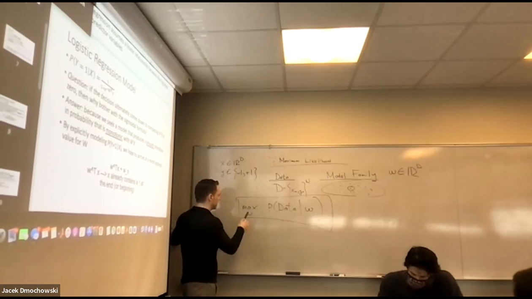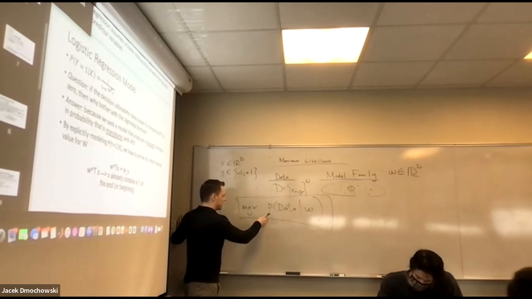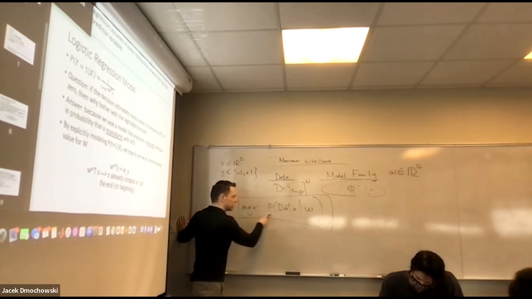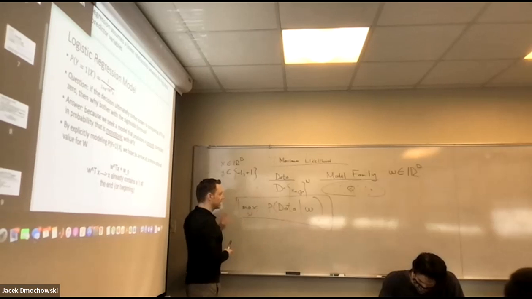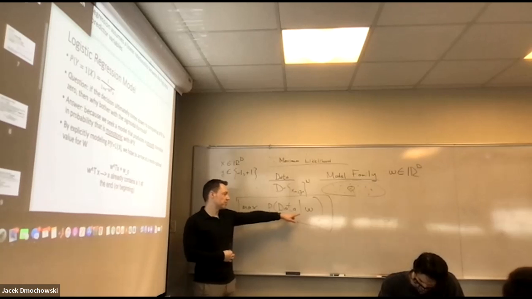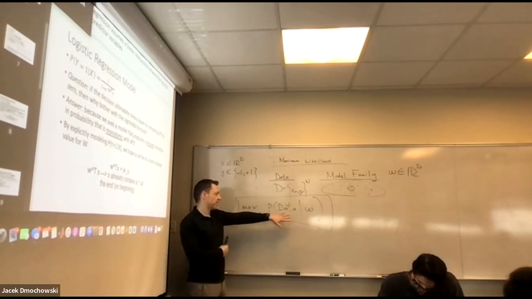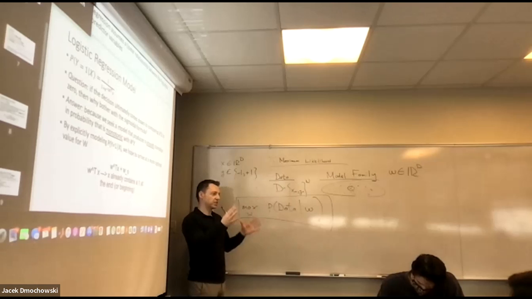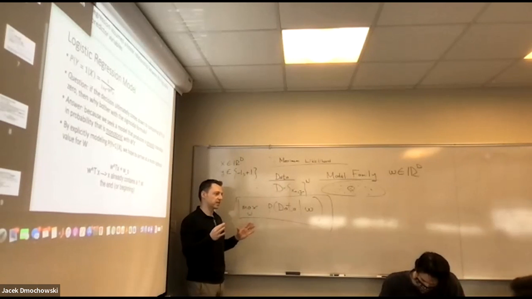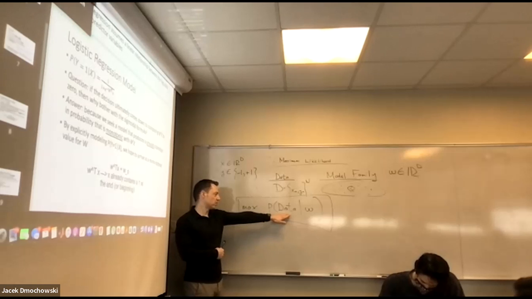The key thing here is that this is called the likelihood function, and the likelihood function is not a function of your data. It's a function of the model parameter W. The data is now fixed. You've collected your data and it's not changing ever again, so it is not a variable anymore.